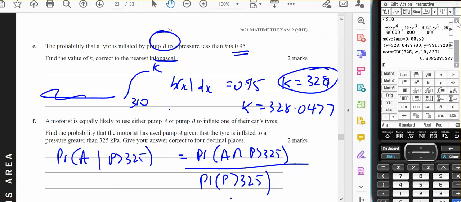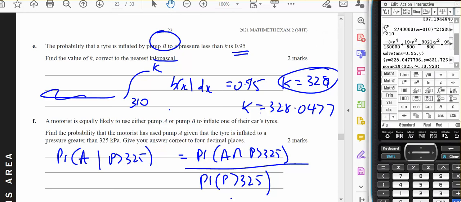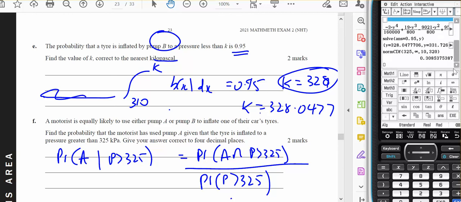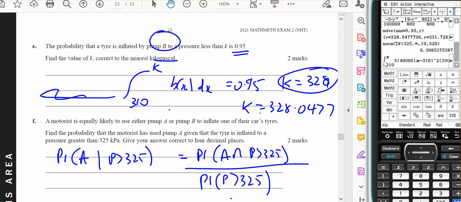And for B to be greater than 325, I'm going to grab this, copy, go down here, paste, and I'm going to go from 325 to 330.